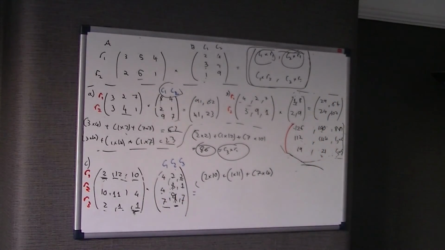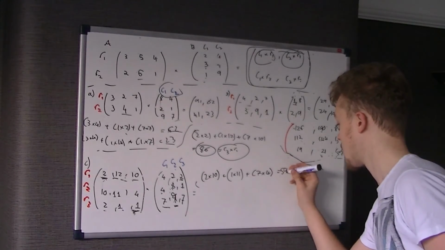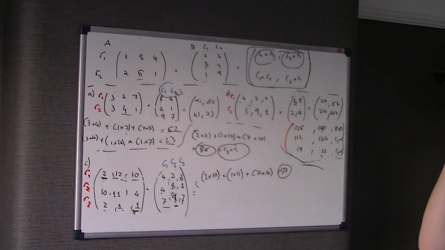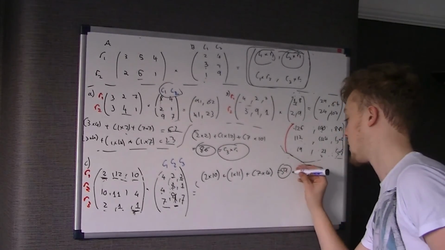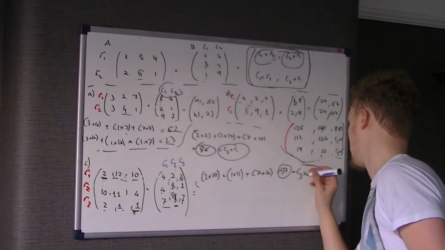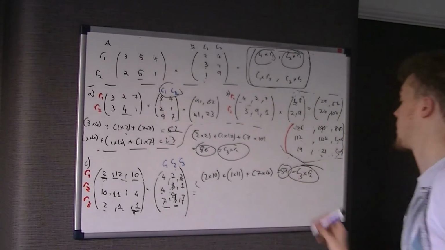That's 20 plus 11 plus 28, which is 59. If any of my individual calculations, like 7 times 4, might be wrong, please let me know, but I'm pretty sure I'm right. So that's column 3 times row 2.